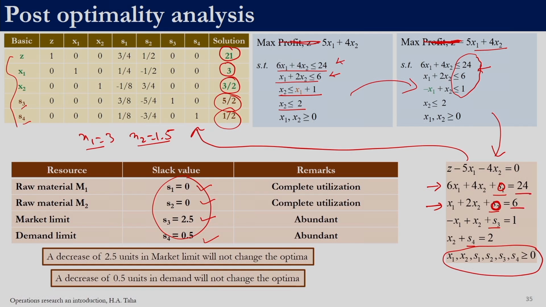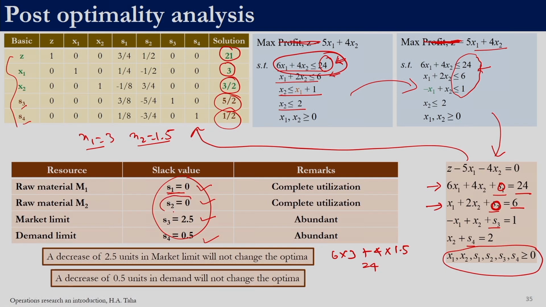To check that, for this constraint we can do 6 into 3 plus 4 into 1.5, which is equal to 24, which is what we have on the right hand side. So, the slack variable is 0. That indicates that for the amount of paint 1 and paint 2 that we are producing, we are utilizing the entire 24 units.